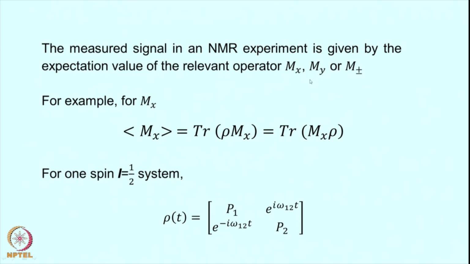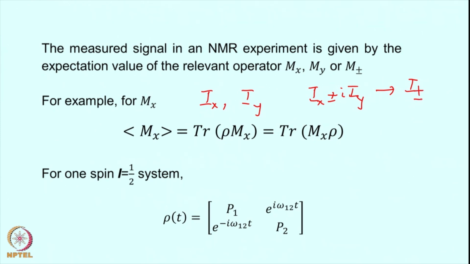But remember here, earlier I used the symbol Ix to measure X magnetization or Iy for measuring Y magnetization, and you can also measure in between the two, and that is called Ix plus minus i Iy, and these ones are referred to as I plus or I minus.